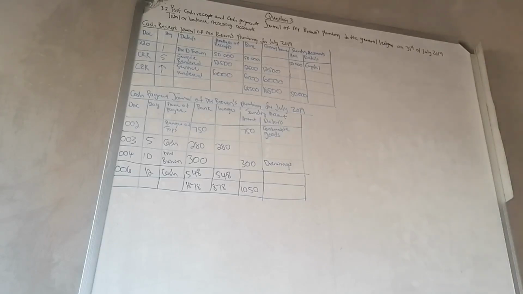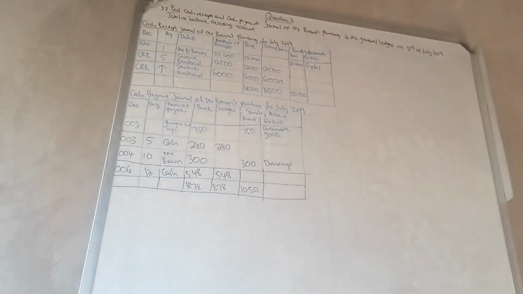The account was debited. Receipts are all the money received by the business and deposited into the business bank account. This is the vast difference that we need to understand between cash payment and cash receipt journal.